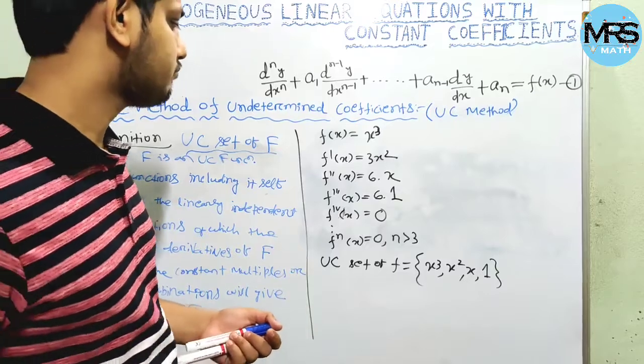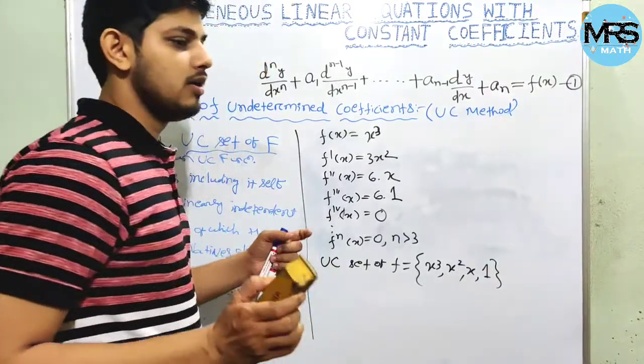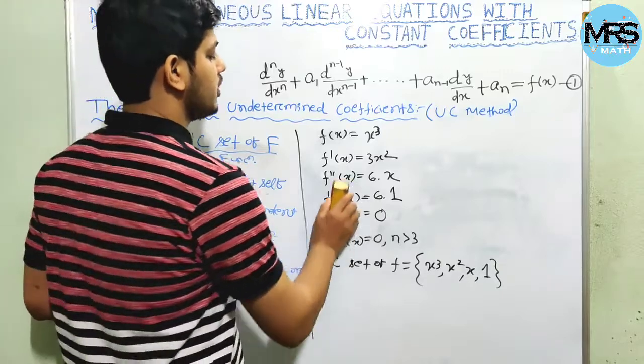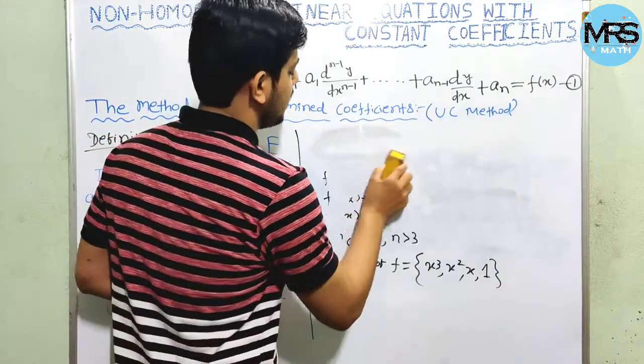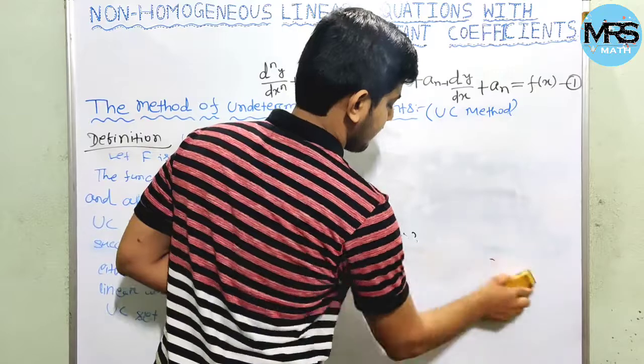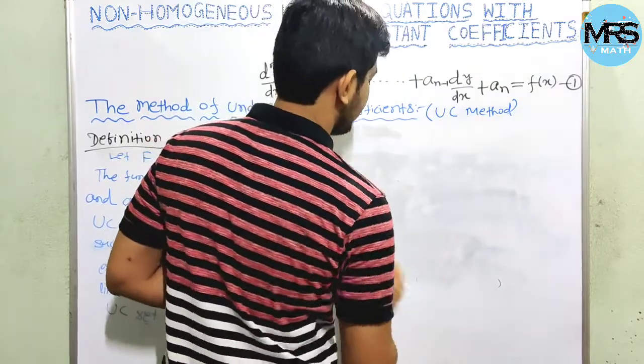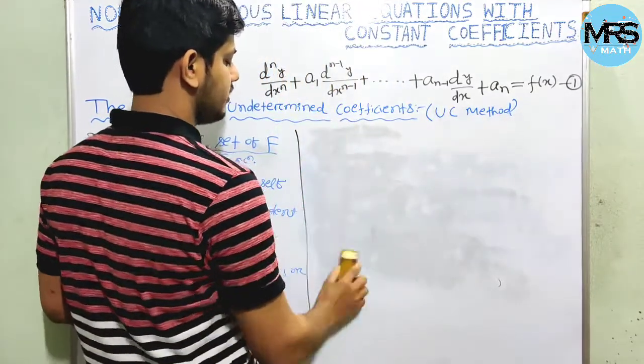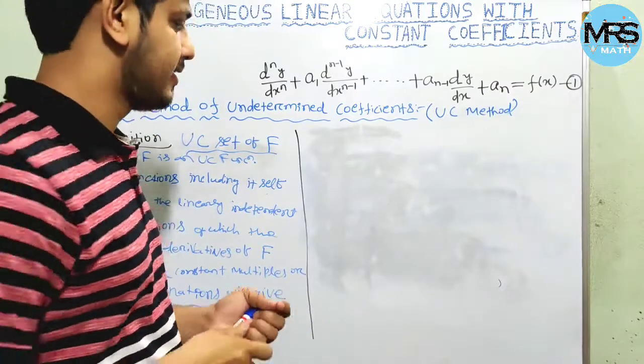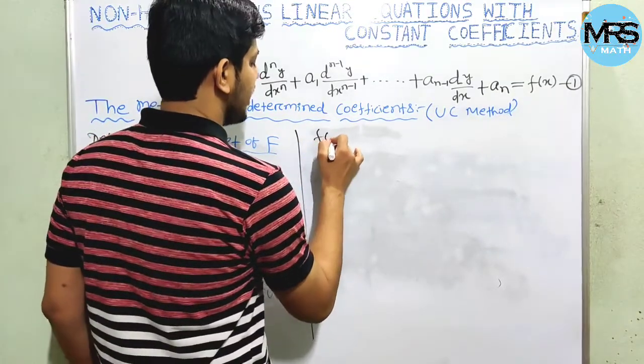Where two functions will be multiplied. This is a simple function, so another function we will take, that is f of x.